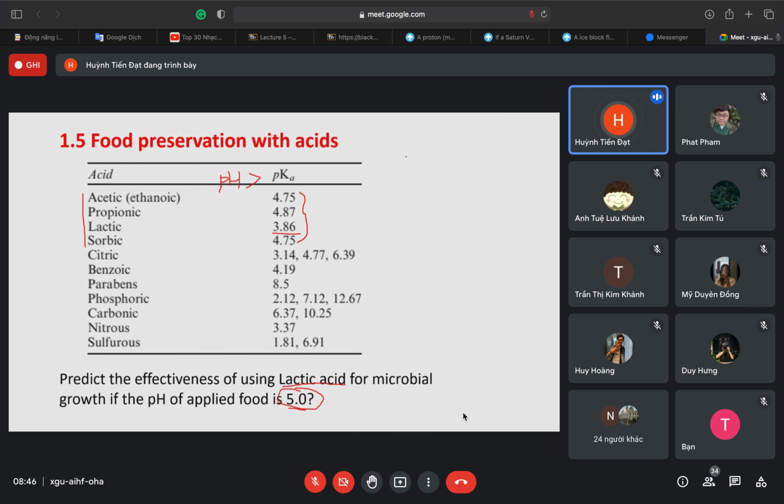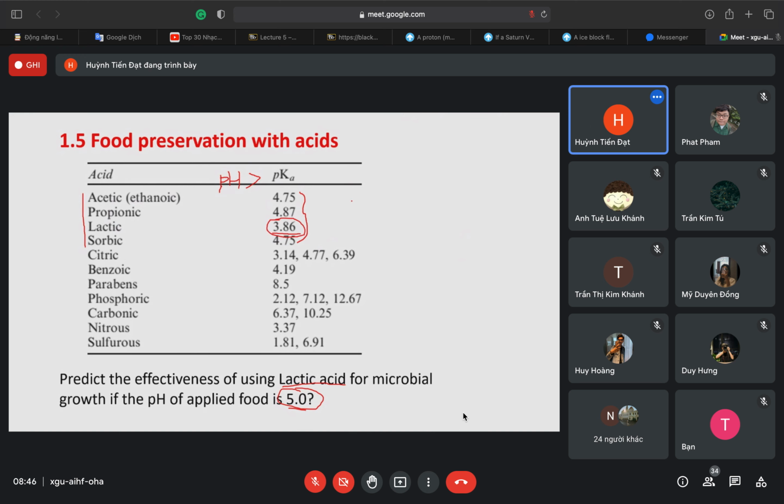So you should know two values and determine whether the acid you apply will be in the acid form or in the ion form. So you need to determine the pH value of the environment. Here you have 5, that's the environment, and you have the pKa of lactic acid, which is very low.